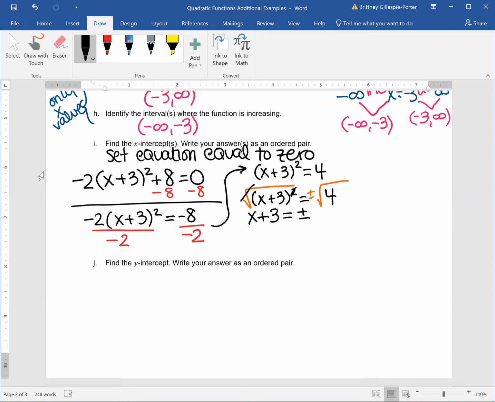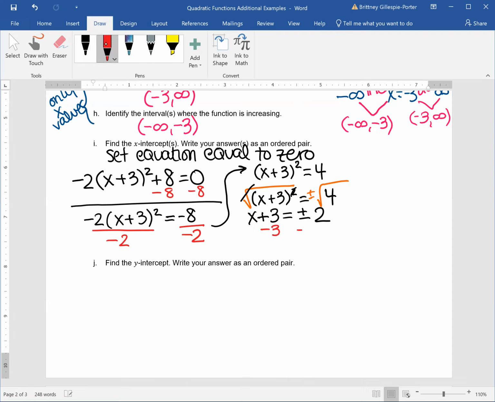You hope for a nice whole number. If you get a nice whole number, no more radical. If you get a decimal, that means that you need to do the factor tree and simplify it out. Square root of 4 is 2. We got lucky.